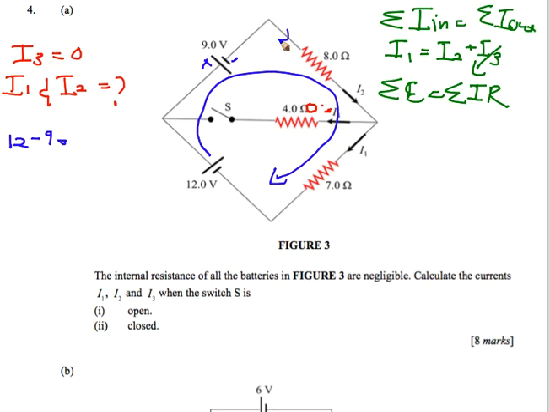So we have the current flow here is I2, drop voltage is I2 times 8 ohm, and the next is I1, one direction same as the loop, so this is I1 times 7.